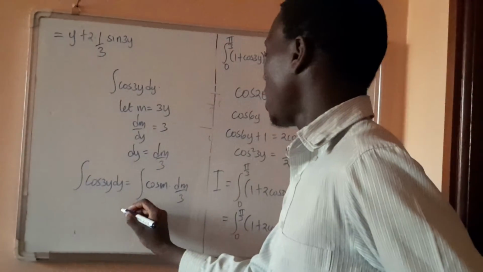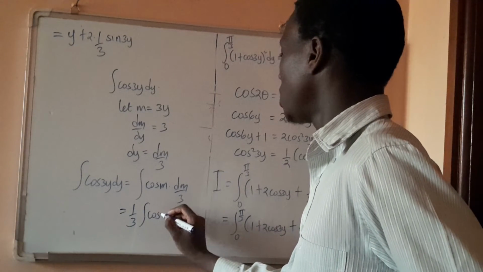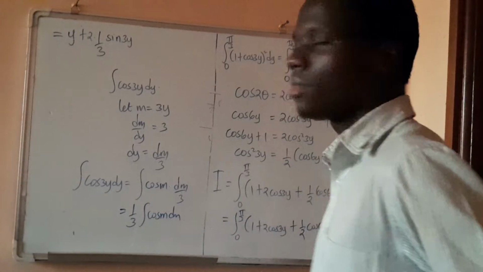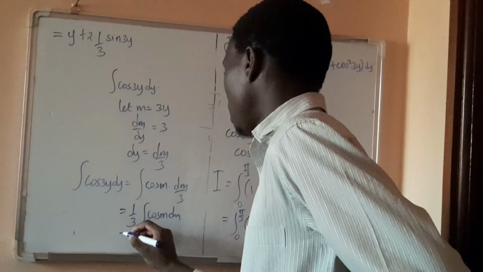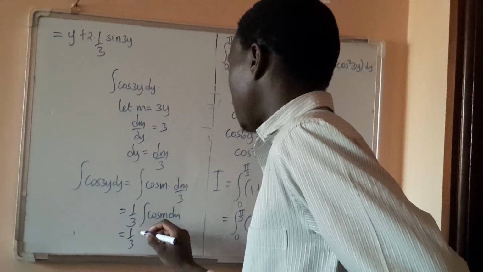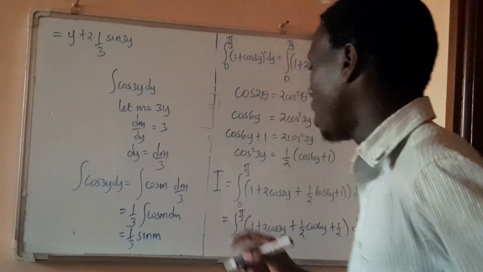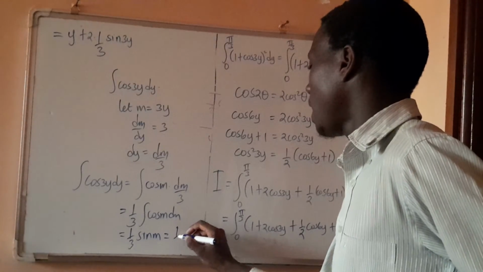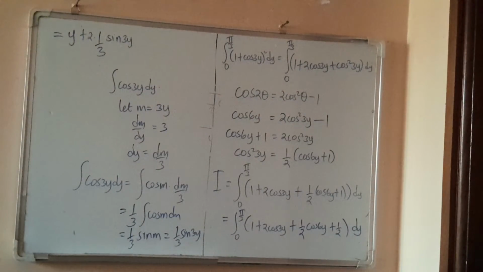And so we can put a third outside, a third integral cos m dm. When you integrate cos, we get sine. So this is a third sine m. What is our m? 3y. So this is a third sine 3y.